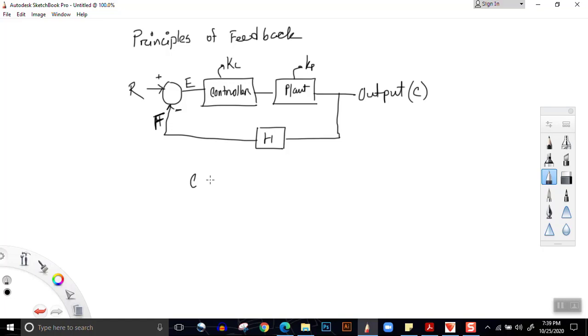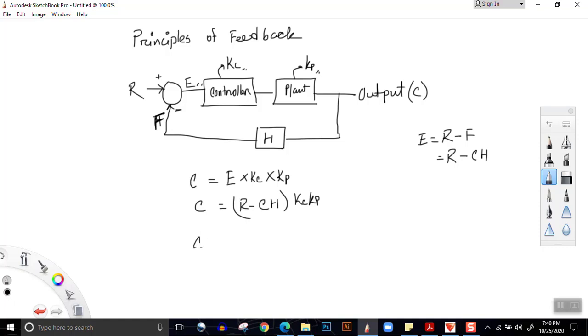Output C is equal to E into Kc into Kp. Now, E is equal to, as we can see, R minus F. That is, R minus F is R minus C into H. So, if we do that, what we get is C is equal to (R minus CH) Kc Kp.